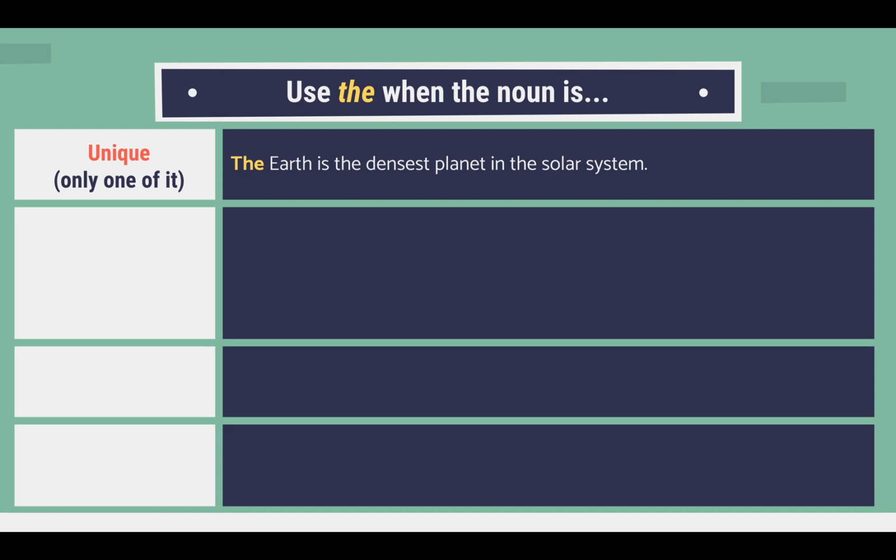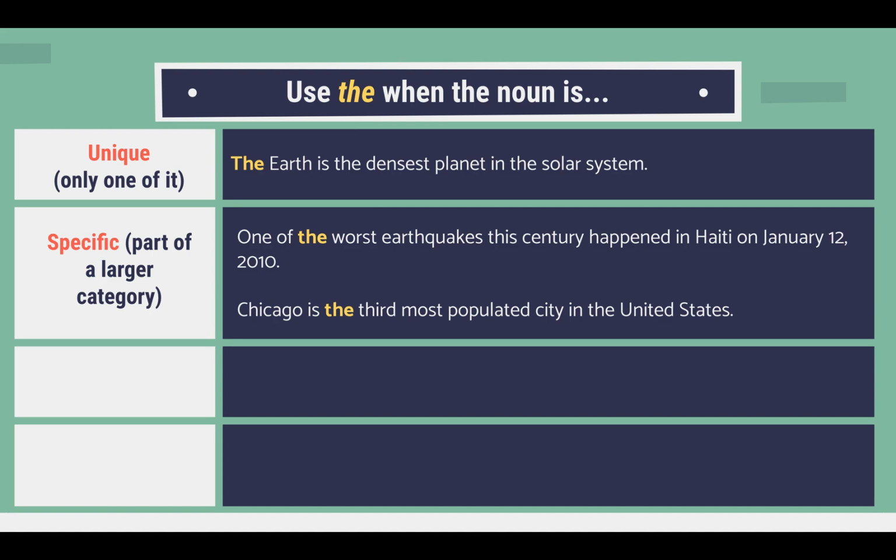Another reason we use the is when the noun is specific. This means that it is part of a larger category, right? Let's look at some examples. One of the worst earthquakes this century happened in Haiti on January 12, 2010. So here we're talking about the earthquake that happened in Haiti.